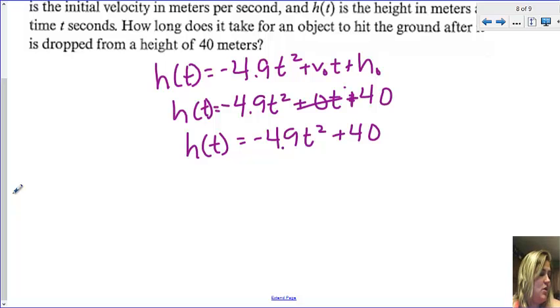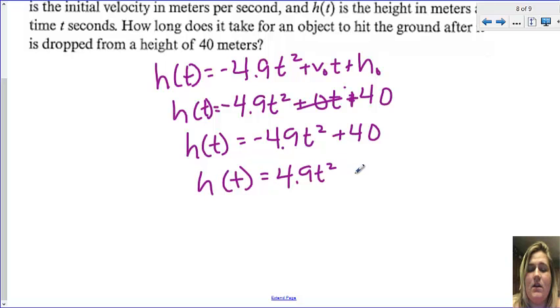So first I'm going to divide out negative 1 from both sides, or from both of those. So if I divide by negative 1, I'm going to end up with h of t equals positive 4.9 t squared, and then minus 40.